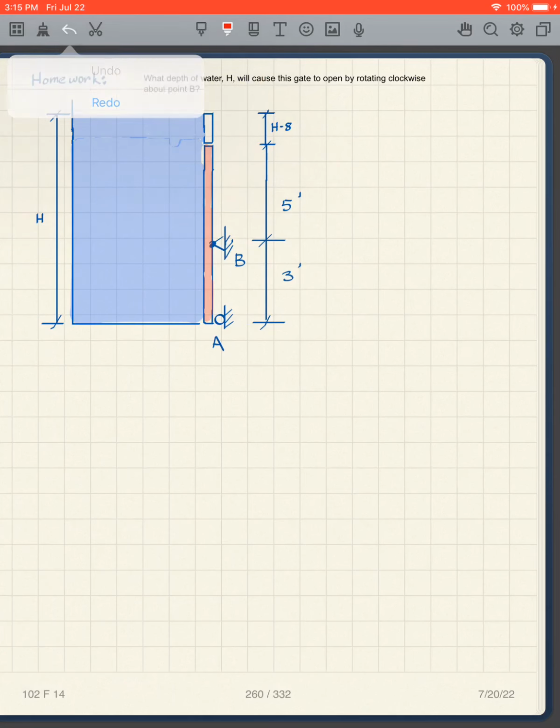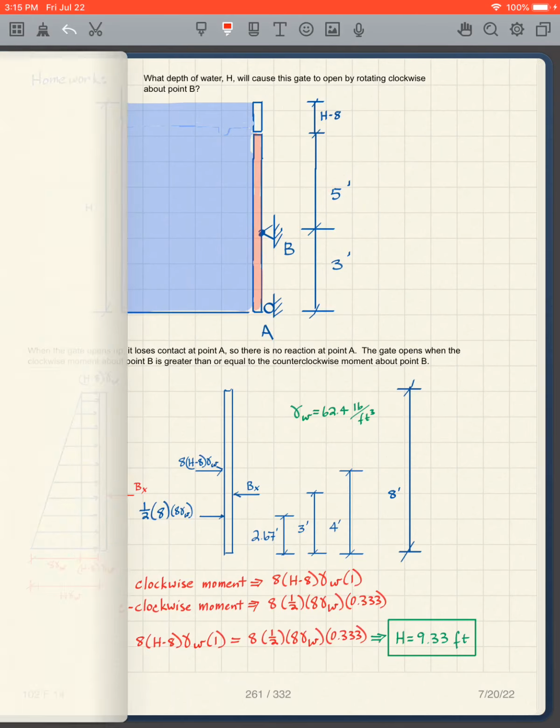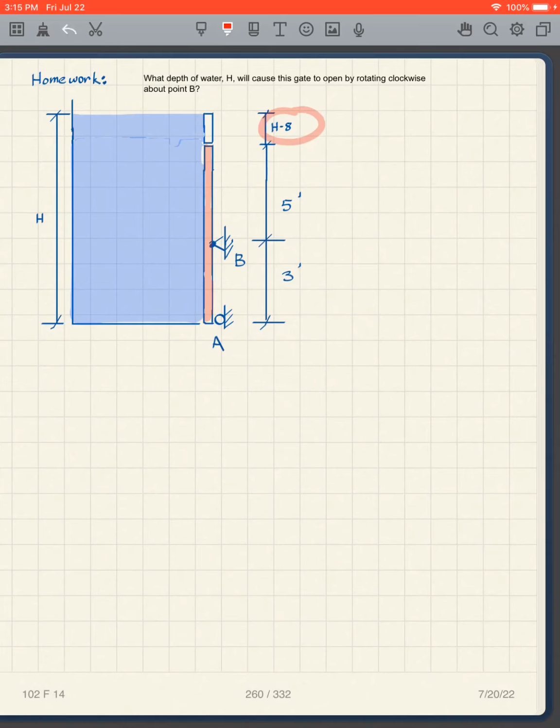Well, we've got to find the pressures here. So why don't you work this one? Pause the video, work it through. Okay, well, this total distance is H. I know this is 3, that's 5, and this is given as H minus 8.